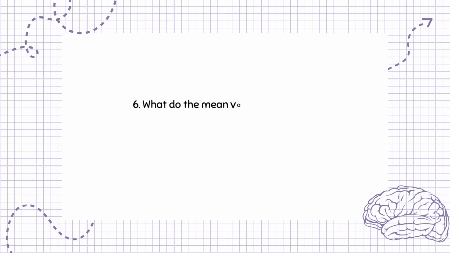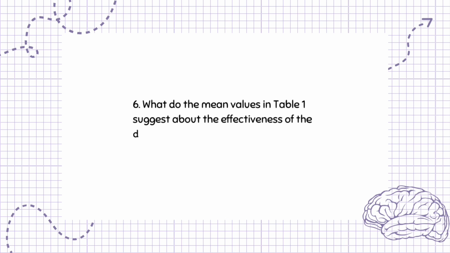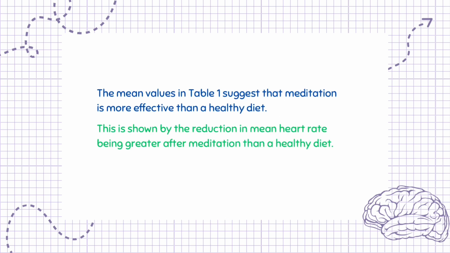Question 6. What do the mean values in Table 1 suggest about the effectiveness of the different strategies? Justify your answer. 2 marks. The mean values in Table 1 suggest that meditation is more effective than a healthy diet. This is shown by the reduction in mean heart rate being greater after meditation than a healthy diet.